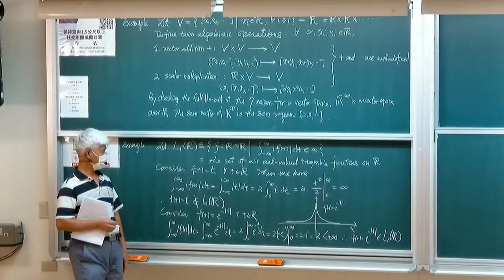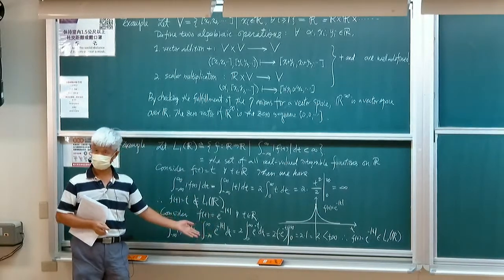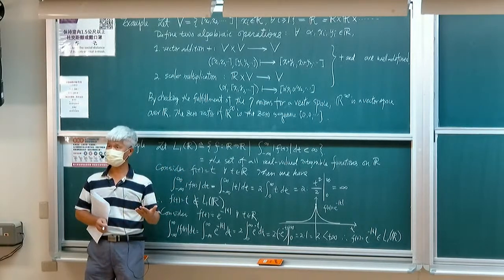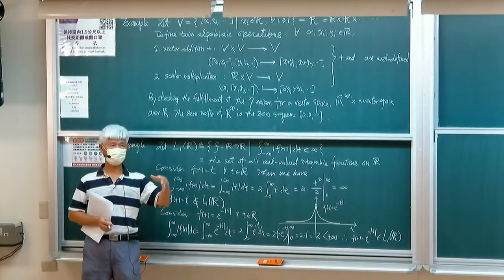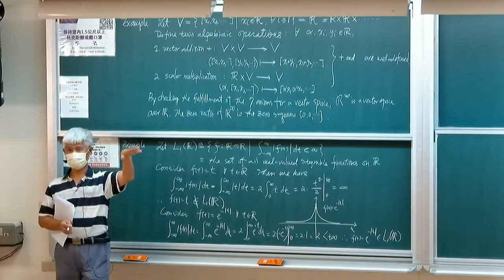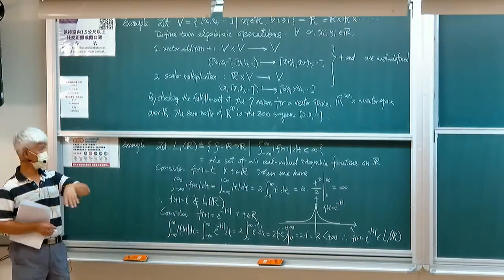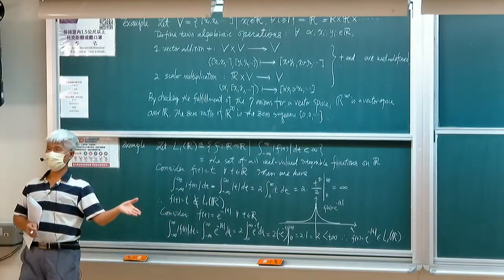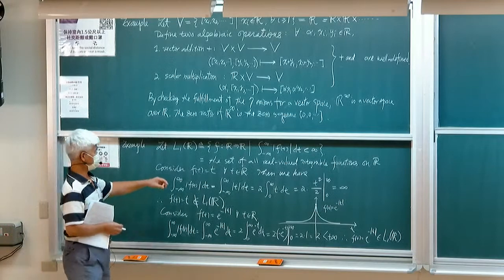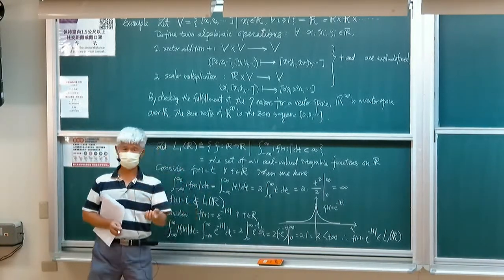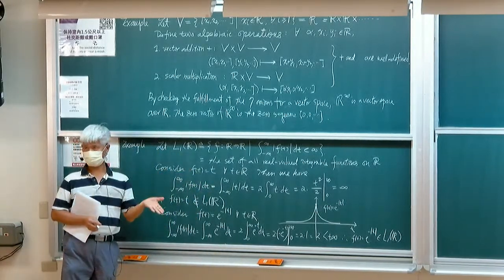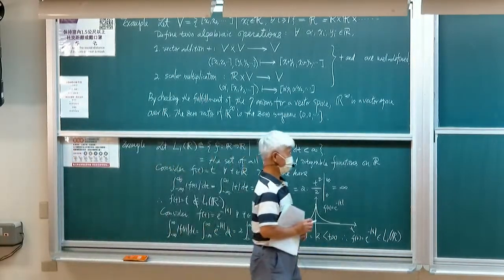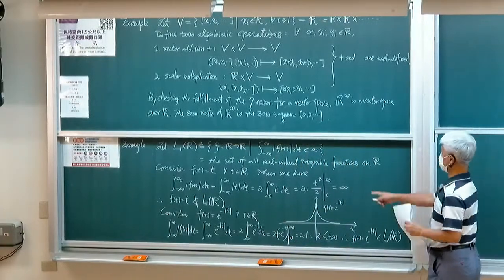But the exponential function is okay here. How about the sinusoidal function? No, because the sinusoidal function is periodic, so it will repeat. When you take the absolute value and do the integration, you find that the value is infinite. So the sine function and cosine function cannot be here. But the exponential function is okay.